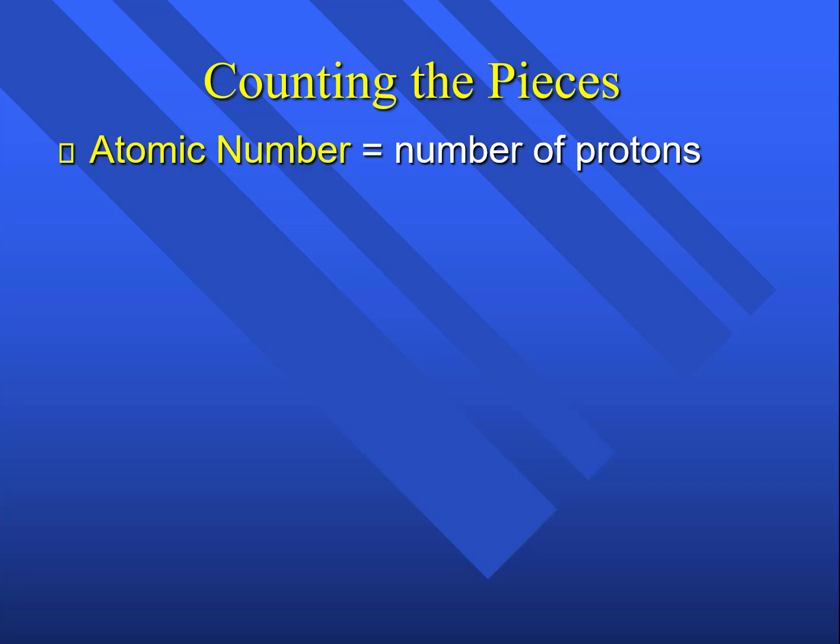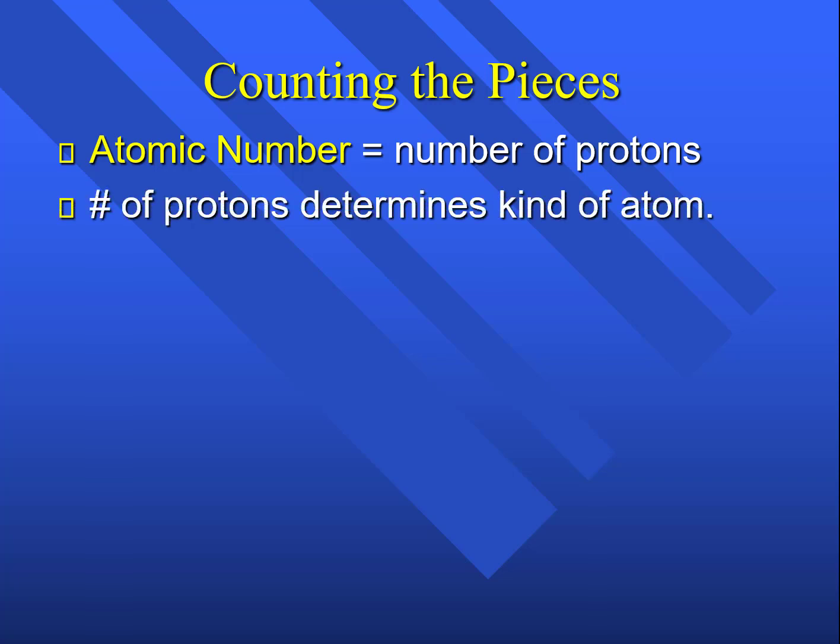Okay. Well, actually, what it comes from, they came up with the atomic number before they knew there were protons. The atomic number was the charge you got when you knocked all the electrons off. And they found that those jumped by whole numbers. And hydrogen had a charge of +1, helium had a charge of +2, lithium had a charge of +3, and that's the number they gave it.